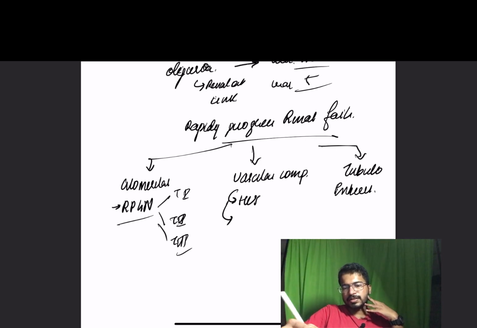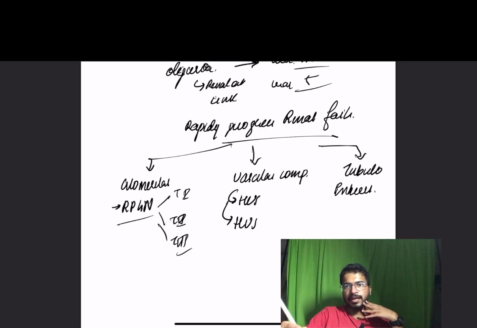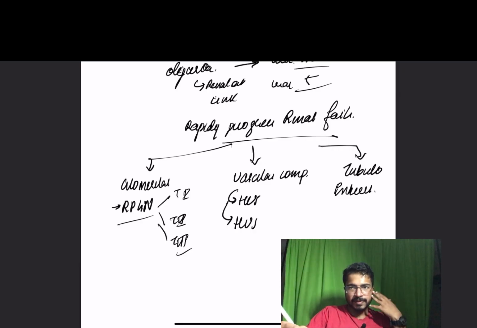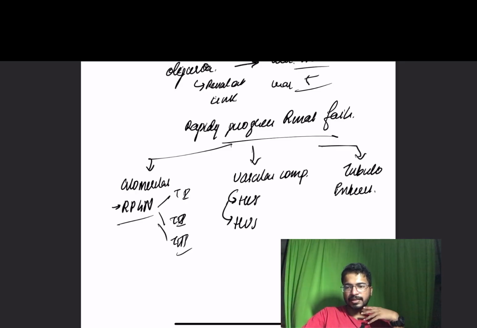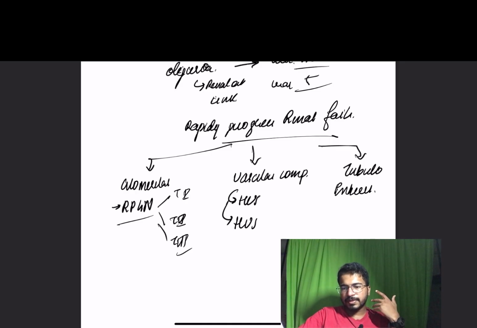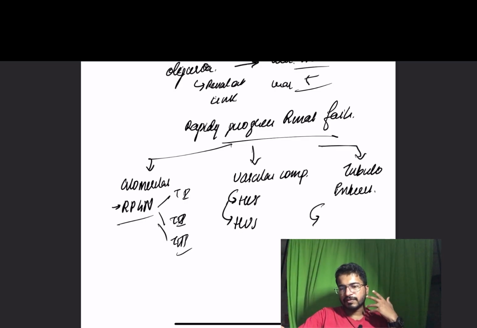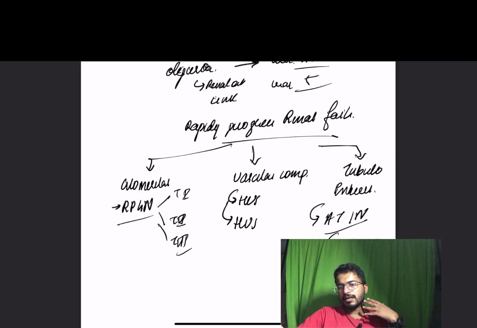But in HUS, the patient won't have a history of high colored urine. They can cause microscopic hematuria, but very unlikely gross hematuria. The next compartment is the tubulointerstitial compartment, where the most common cause is acute tubulointerstitial nephritis, where the urine analysis will show granular casts.